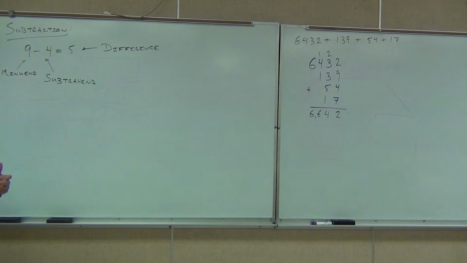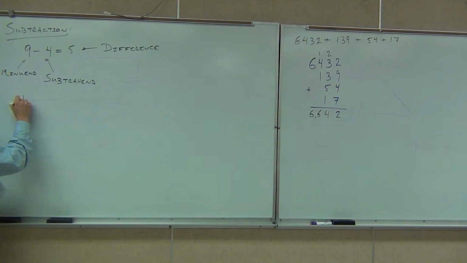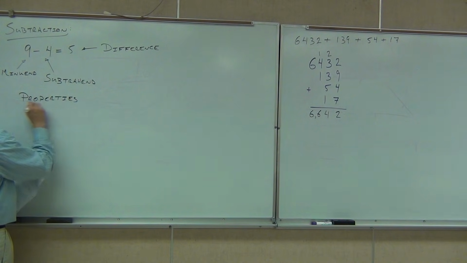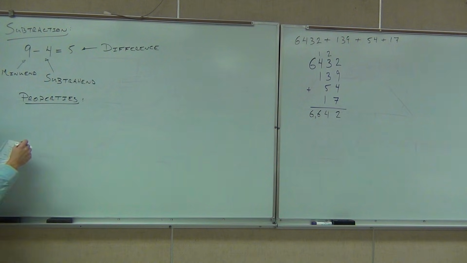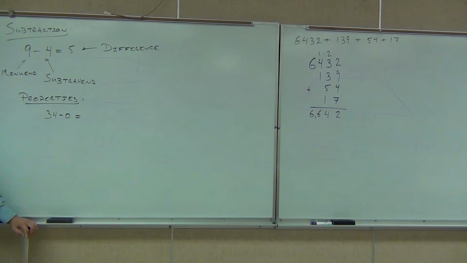So the only property we really have for subtraction is the subtraction property of 0, like the addition property. For instance, if I take 34 minus 0, how much is 34 minus 0?